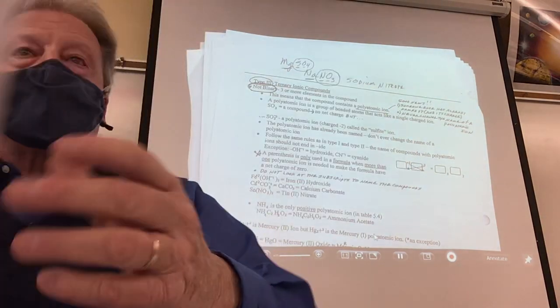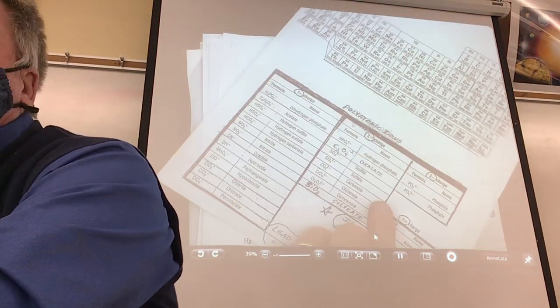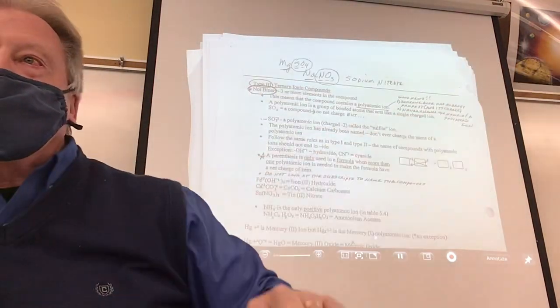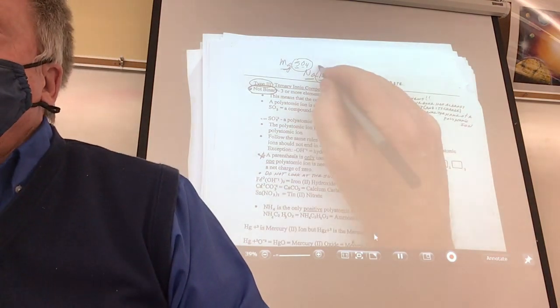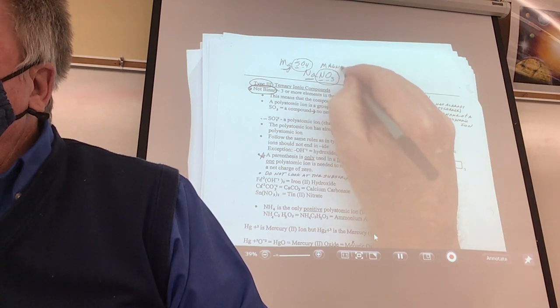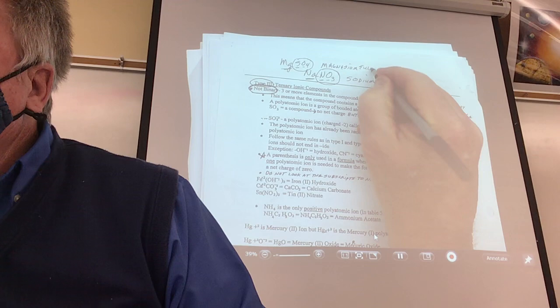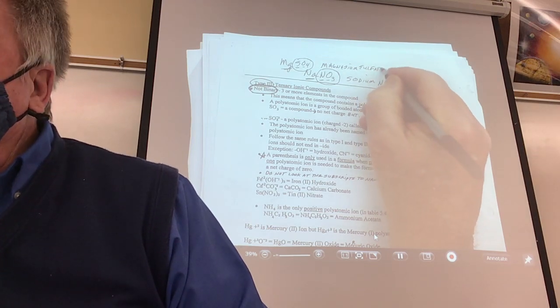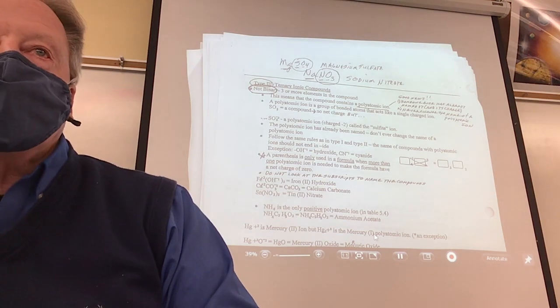On the quiz, I will give you all the polyatomic ions. Got it? Sulfate. It's called sulfate. Now, so what are you going to call this thing? Magnesium sulfate. And you said, whoa, that can't be. That's not possible. Can it be this easy?